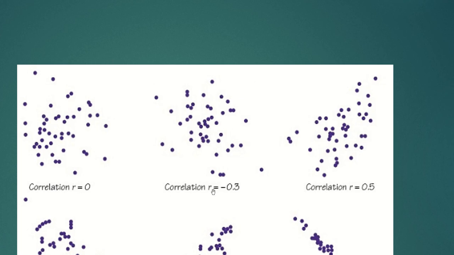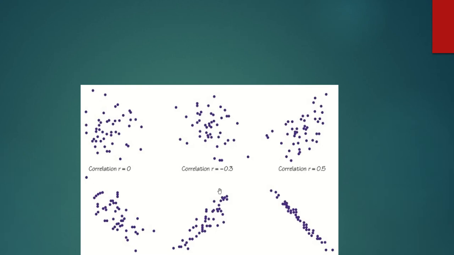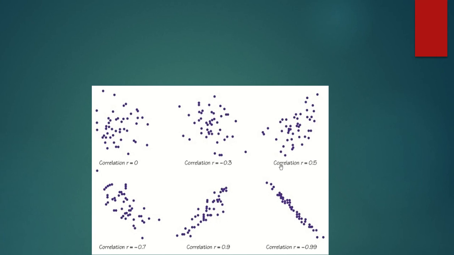Here, if I draw such a line, it's not perfect, but somewhat there is a negative relation. Therefore, we see it's negative. Here, this is 0.5. It somewhat tends to go upwards, so it's positive, but the dots are not very close. The closer they are, the bigger is the measurement.